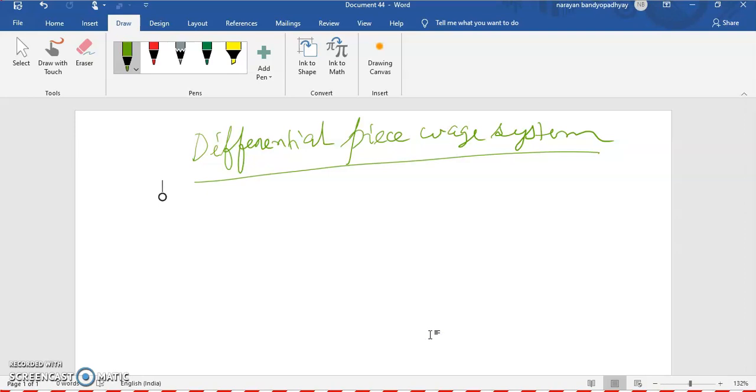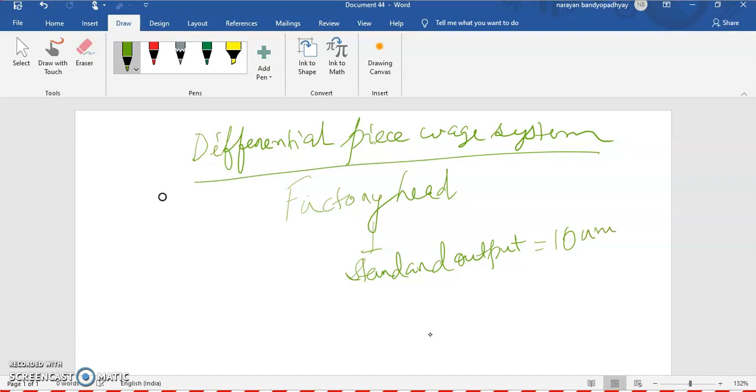Just take one example. A factory head, who is responsible for doing the different activities of the factory, has fixed the standard output as 10 units per day and the standard wage rate as 50 per unit.